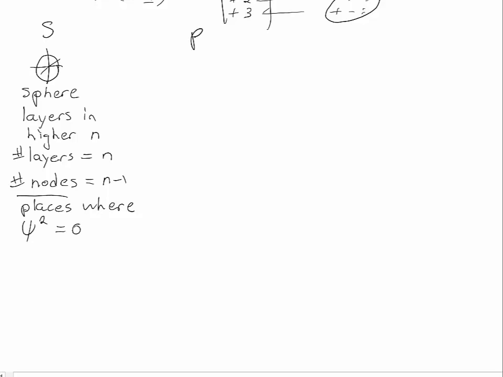So looking at the p orbitals, the p orbitals are shaped like dumbbells, and they lie along each of the axes. And so let me just color in this one that's pointing forwards and backwards. And the other two that are unshaded are pointing up this axis and along this axis.